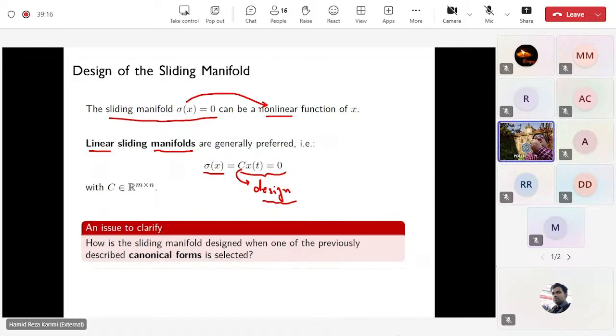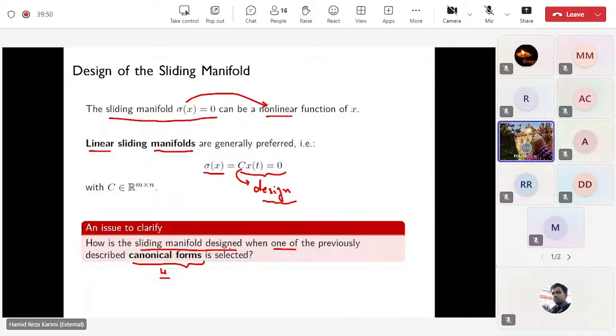So there is one issue we need to clarify. The issue is how the sliding manifold is designed when one of the previously described canonical forms is selected. If you remember, we talked about the four types of canonical form in our lecture before. Now the point is, if you have one of these particular canonical forms, how can this sliding manifold be designed?